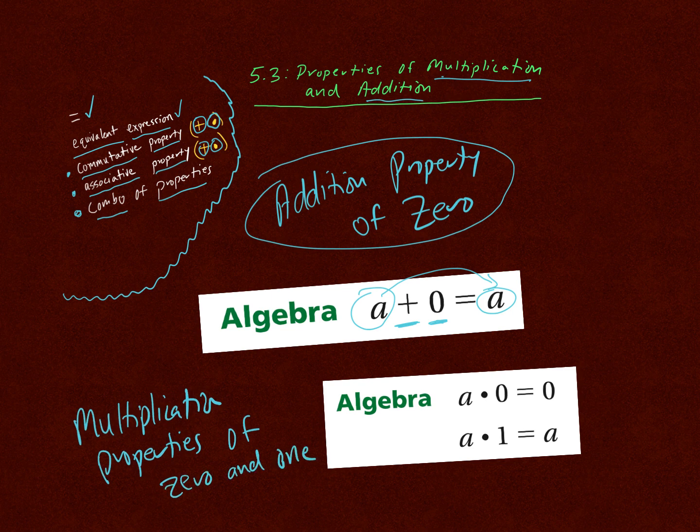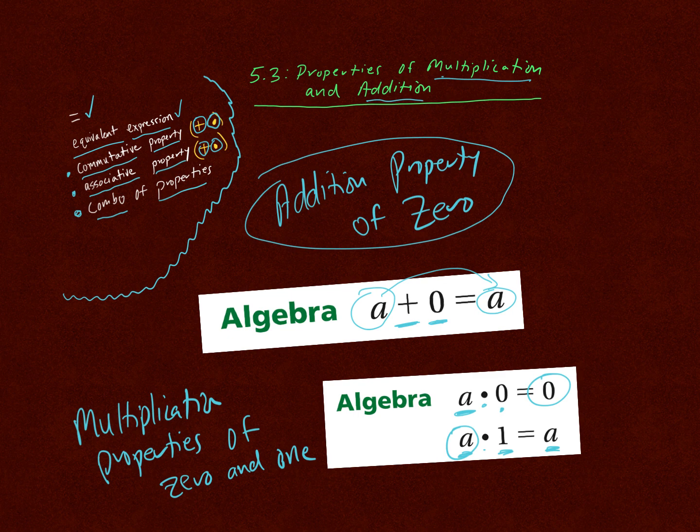Again, it's just the rule or the kind of the formula to understand. So all this means is that when you have any number a times 0, the answer is always 0. And when you have any number times 1, the answer is always that number that you are multiplying 1 by.